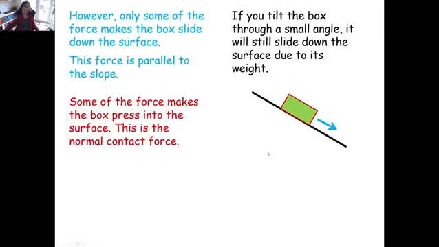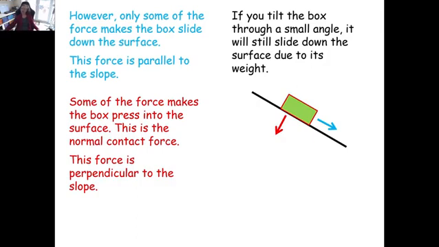Some of the force makes the box press into the surface. So do you remember when the box was flat on the slope? The weight pushed into that slope completely. So now part of the weight is still going to make that happen, and we say that that is perpendicular to the slope.